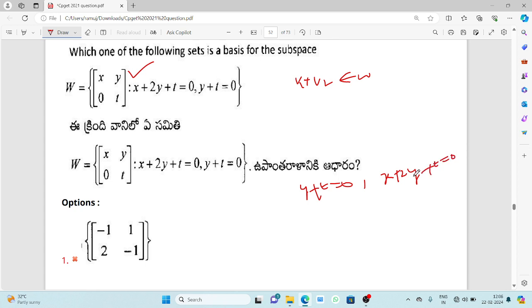From this I can find the values of x and y. I get y is equal to minus t. If I substitute this value in the other equation, I get x plus 2 into minus t plus t is equal to 0. From this we get x equal to t. So we have x equal to t and y equal to minus t.